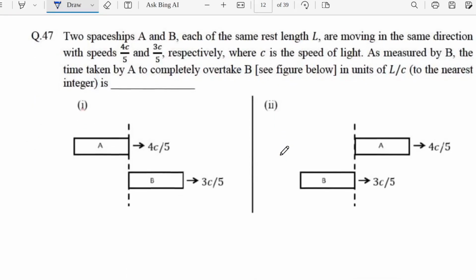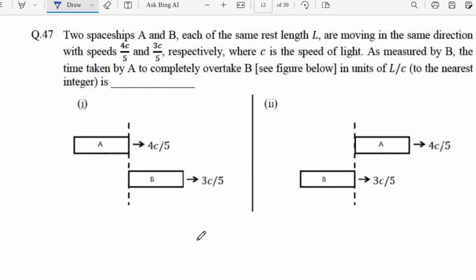You can see the picture here. I will explain the question again so that you can understand it very clearly. In that picture, in the first picture A is there, B is there, right?